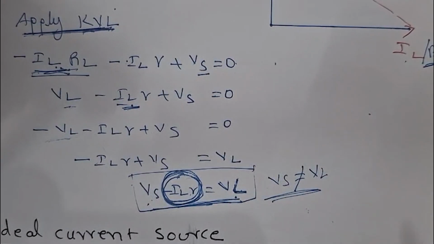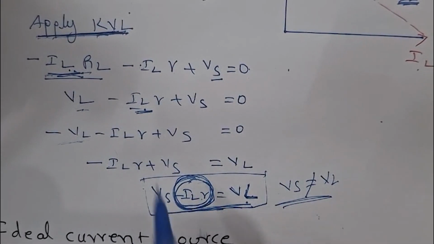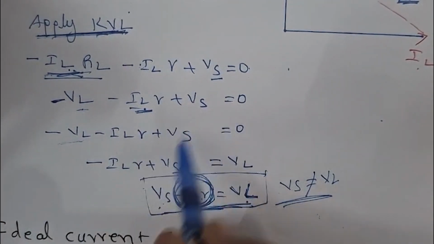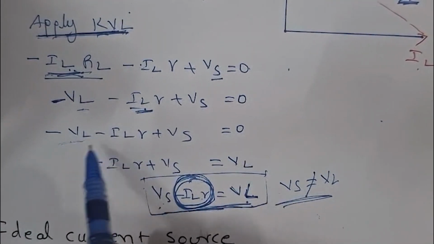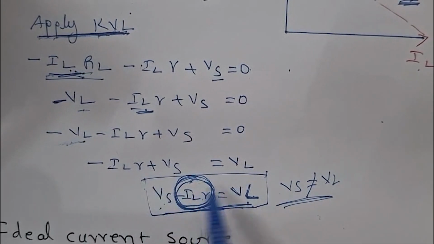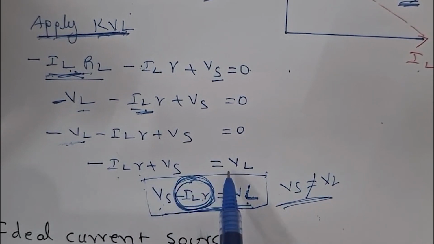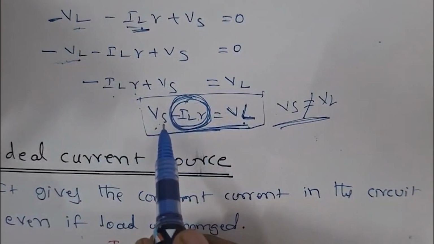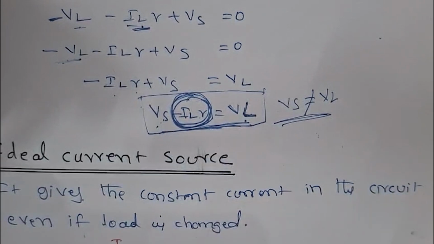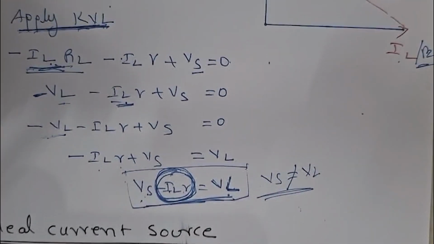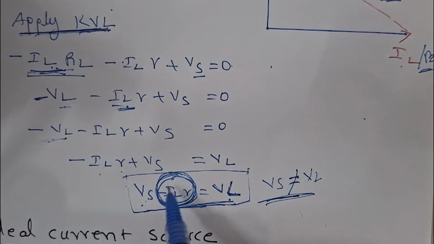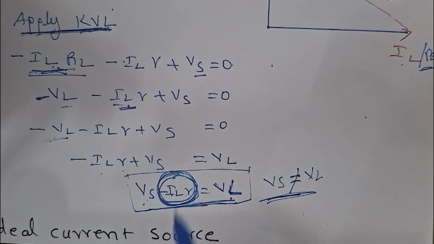Next, when you rewrite these equations, the minus IL r we can write as minus VL. If you move this minus VL to the right side, we can write minus ILr plus VS is equal to VL. So just rewrite this: VS minus Ir is equal to VL. This is the practical voltage source. It means here VS is not equal to VL because of this internal resistance drop.